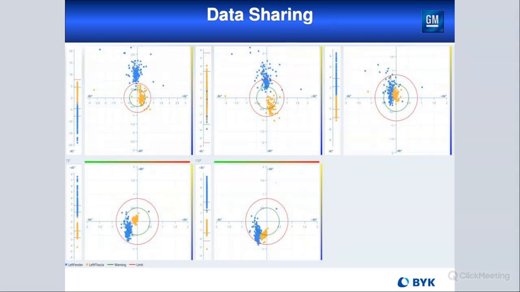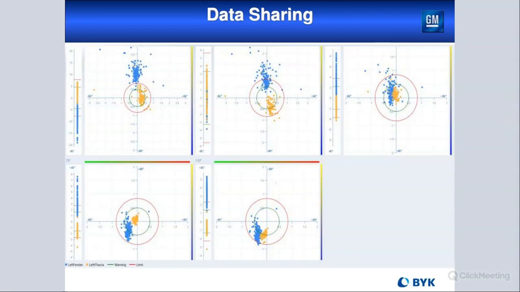This is an example of a scatter plot, and the blue dots represent the body and the yellow dots represent the fascia. And in this example, on the 15, we're quite far apart. In this case, the body happens to be out of spec and the fascia's in.